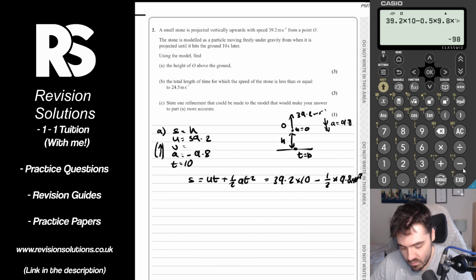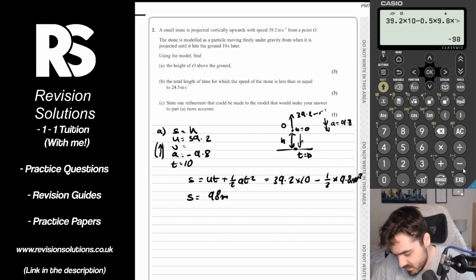If you're worried about finding a negative, that's not something to worry about, because our displacement was down in this scenario and we took up as positive. So we were expecting to get a negative. So s is 98 meters, which is our height above the ground.